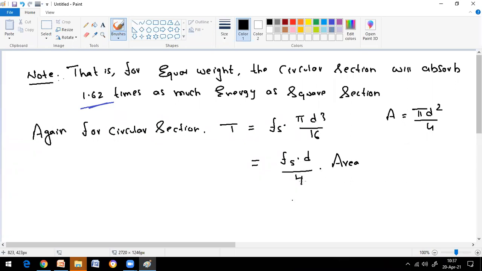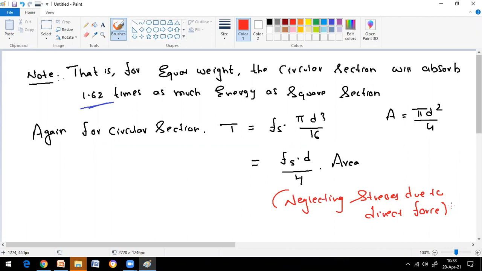So here we are neglecting stresses due to direct force. What do you mean by neglecting stresses due to direct force? Due to direct force, the stresses will be something like, when a member is subjected to direct compression, direct compression stresses develop.